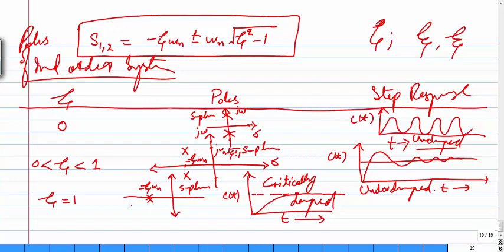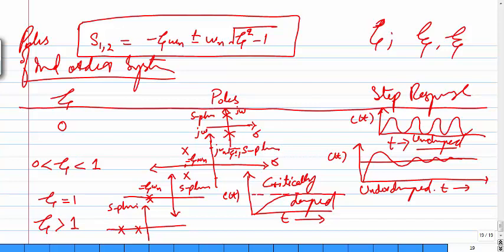So in critical damping the main idea is that you have two repeated real poles. Now the last possibility is when zeta is greater than 1. In that case you have a system with real poles, but those poles are not repeated. This is the S plane, and you have two poles.